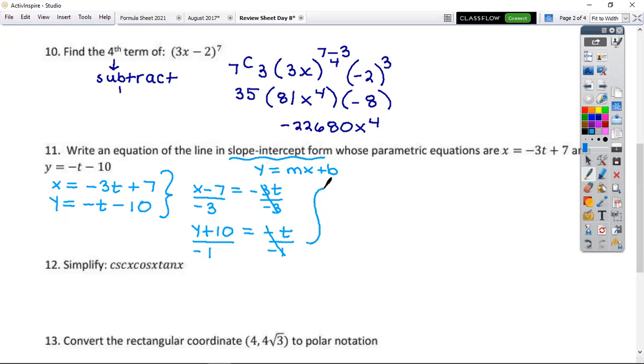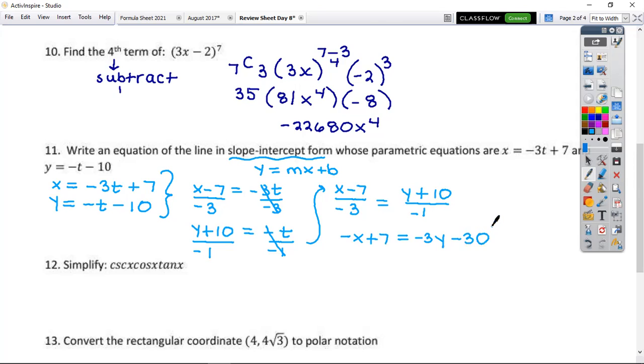So next, coming up here, I have (x - 7) over negative 3, and this is equal to (y + 10) over negative 1. And cross multiply, solve for y equals. Oh, sorry, negative 1. So this is going to give me a negative x plus a 7 equal to a negative 3y minus 30.